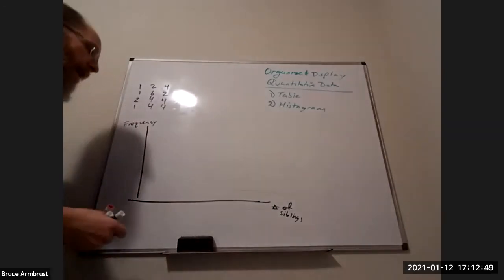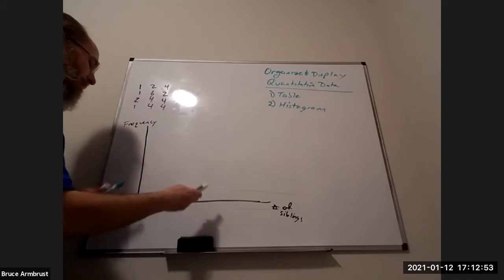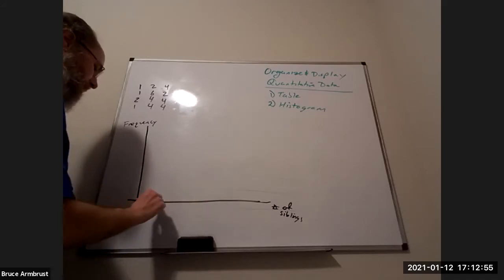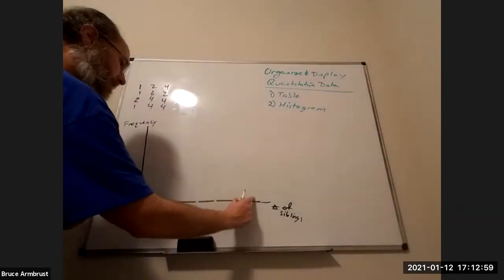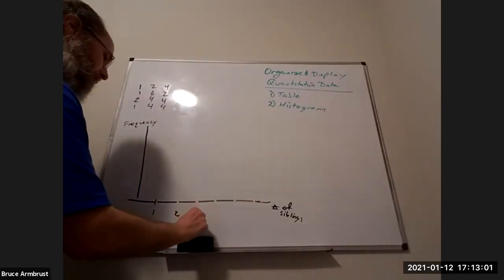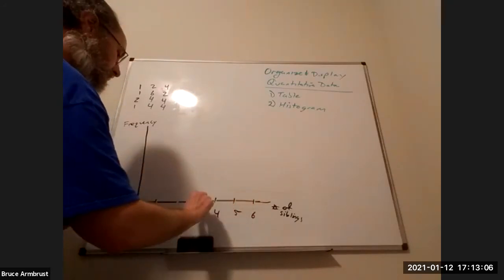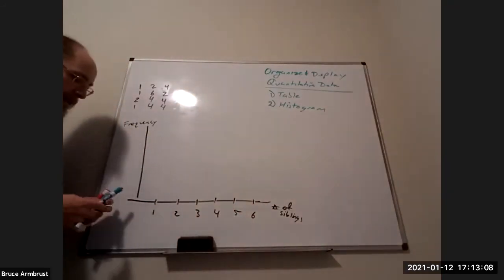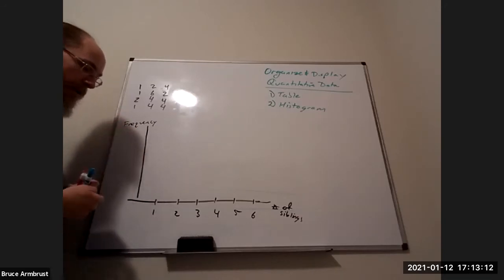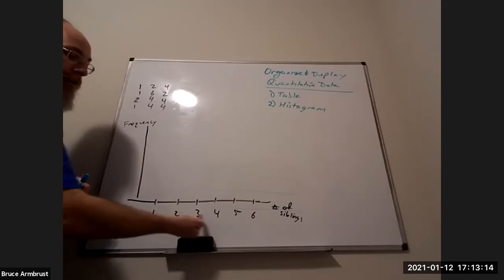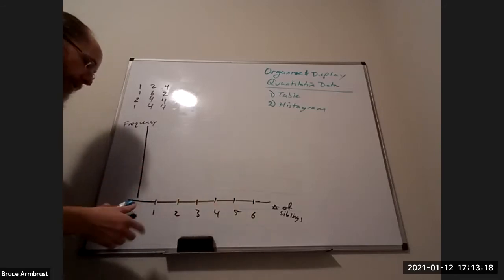So for this one, let me put 0, 1, 2, 3, 4, all the way out to 6. I'll try to scale it nicely here. But what I want in my histogram is for my bars to be centered at these numbers, and I need them to meet each other.